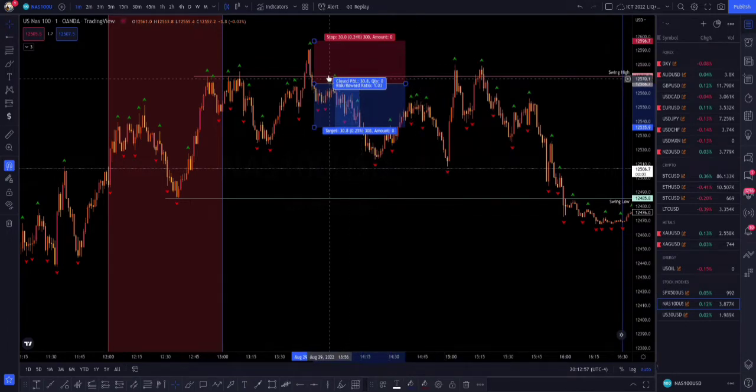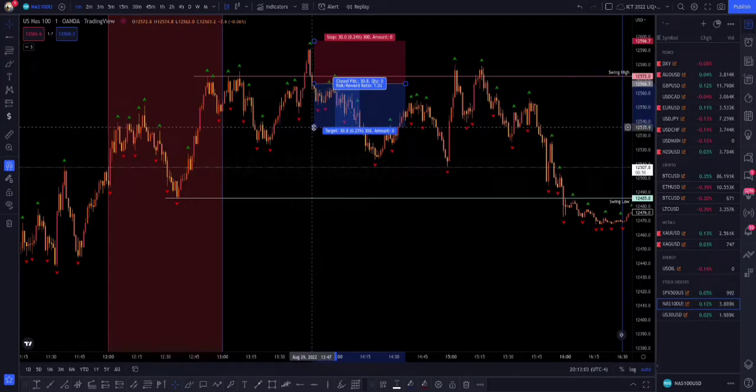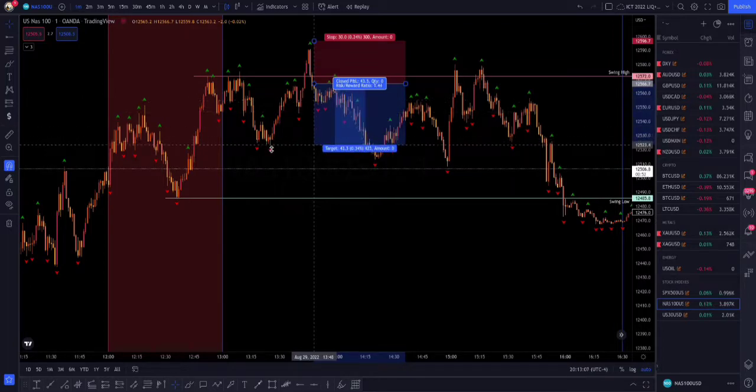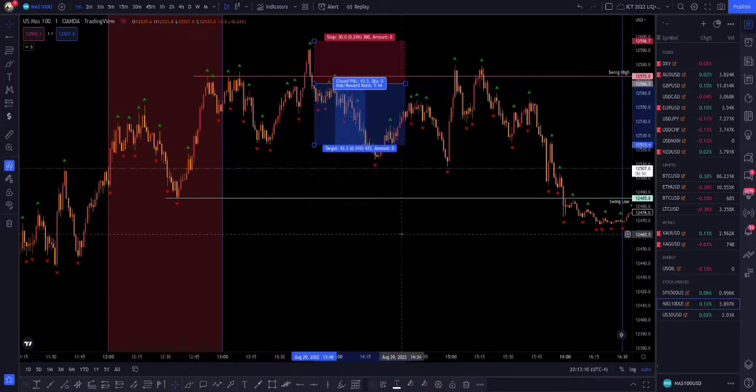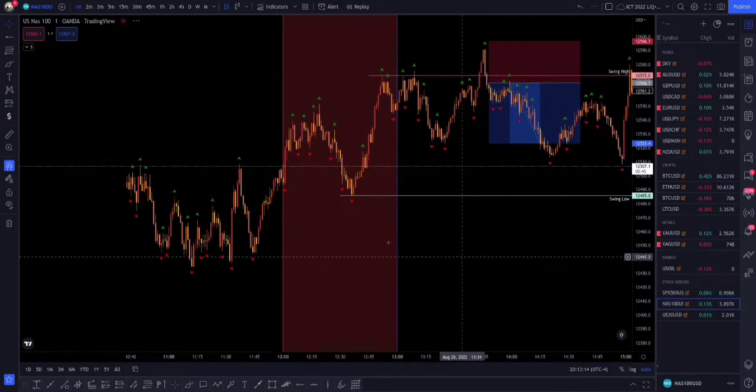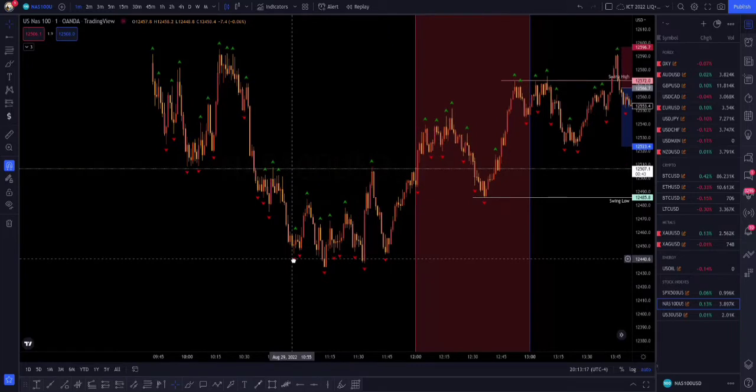Then I targeted this swing low right here. And you can see the market finally went in my favor, so I actually came out profitable.